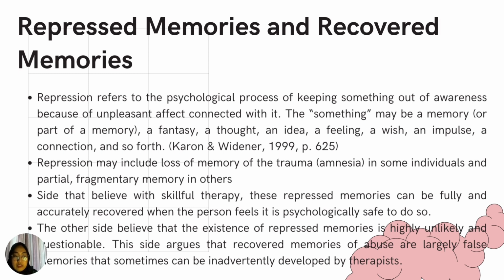While the other side of psychologists believe that the existence of repressed memories is highly unlikely and questionable. This side argues that recovered memories of abuse are largely false memories that can sometimes be inadvertently developed by therapists.